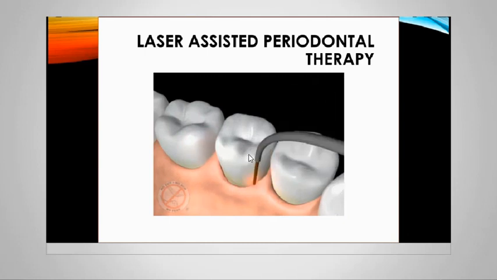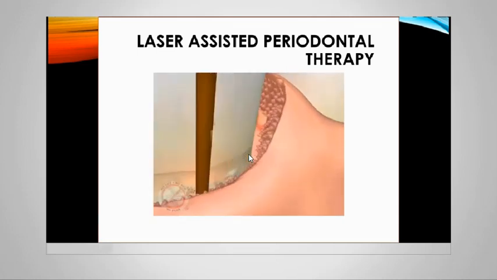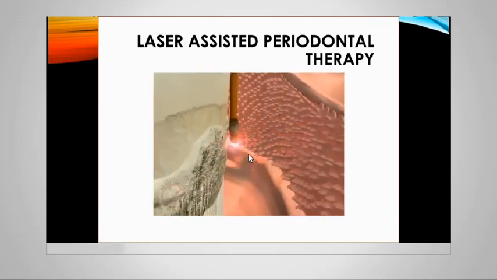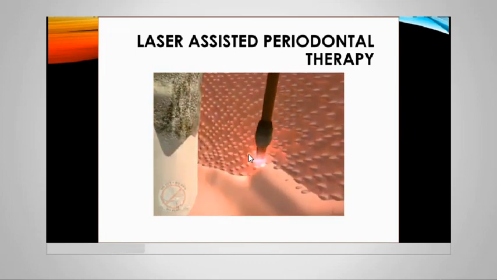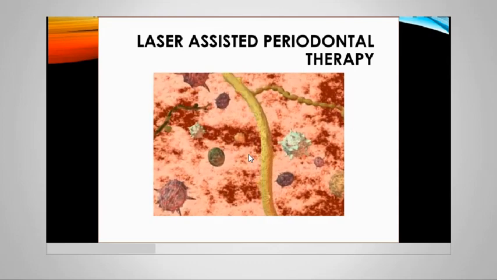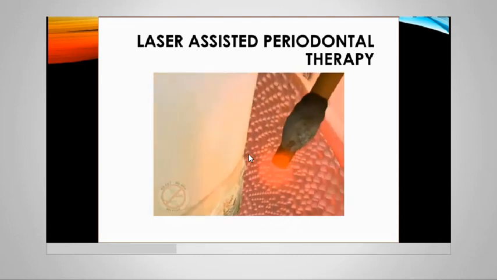After she gains anesthesia, she's able to use the laser to slough dead tissue, and after sloughing the necrotic tissue, she's able to use ultrasonic instrumentation and hand instrumentation. So she uses the laser to slough the dead tissue on the inside of the cuff.